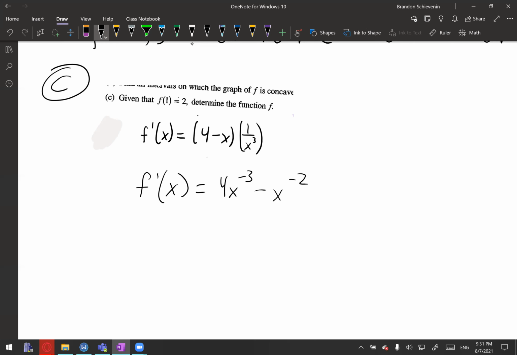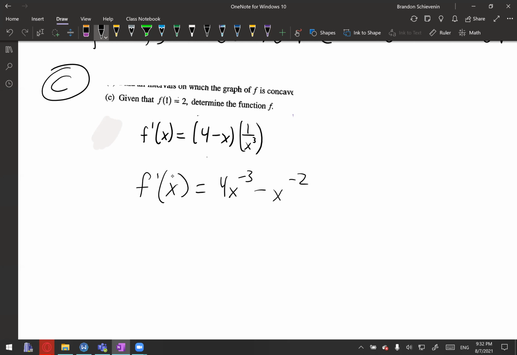Maxon, over to you. I want to determine f. Right now we have f prime. So what do I need to do? Integrate this. Perfect. I need to integrate.